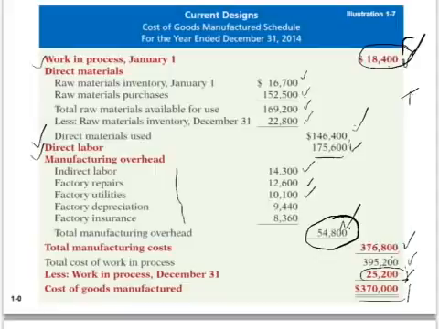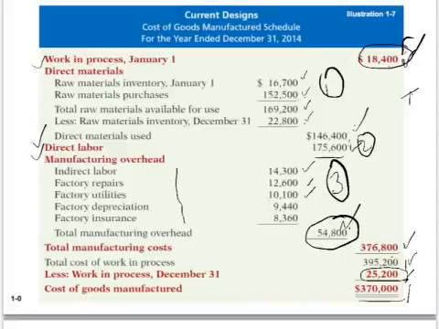So this is a cost of goods manufactured statement. The three cost categories: direct material, direct labor, and third, overhead. Add the beginning work in process, subtract the ending work in process, and you get the cost of goods manufactured.